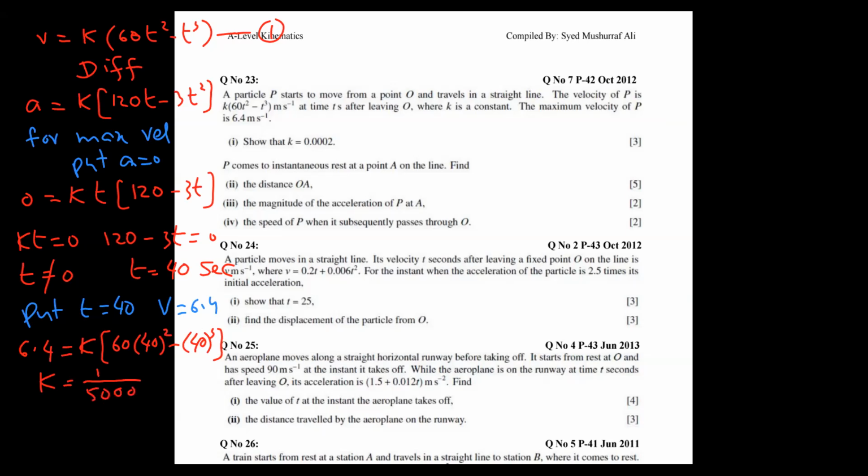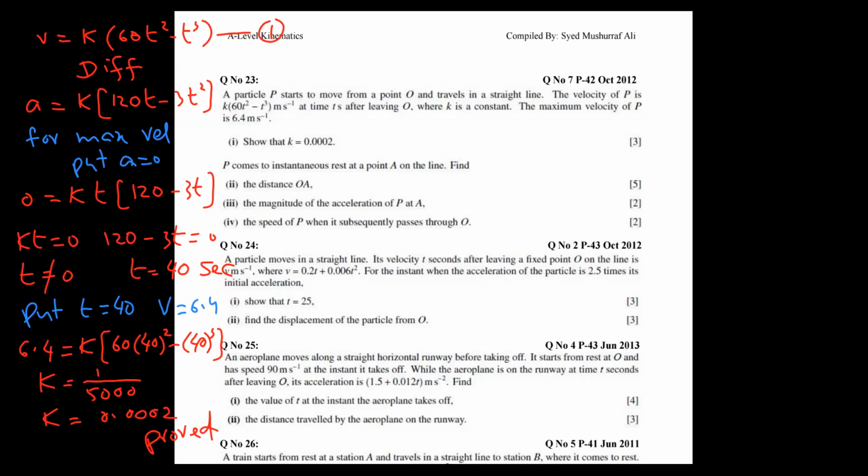If I convert 1/5000 into decimal, I get 0.0002. So proved. Alhamdulillah Rabbil Alameen, the first part is done.